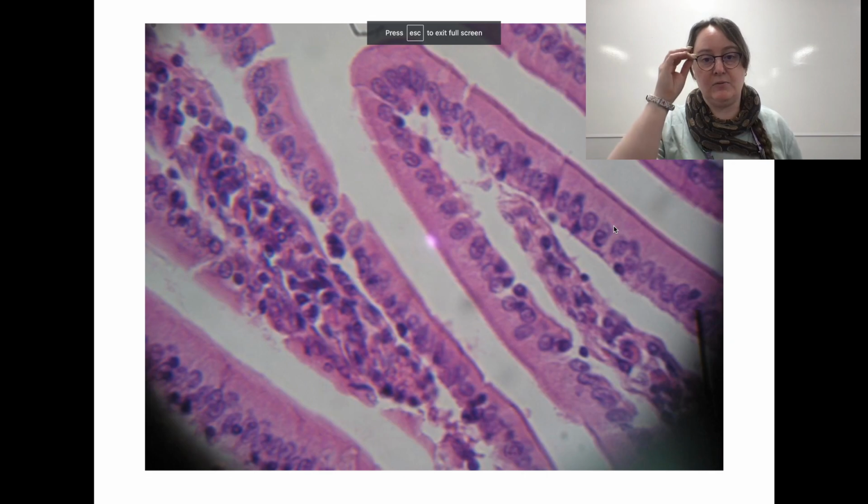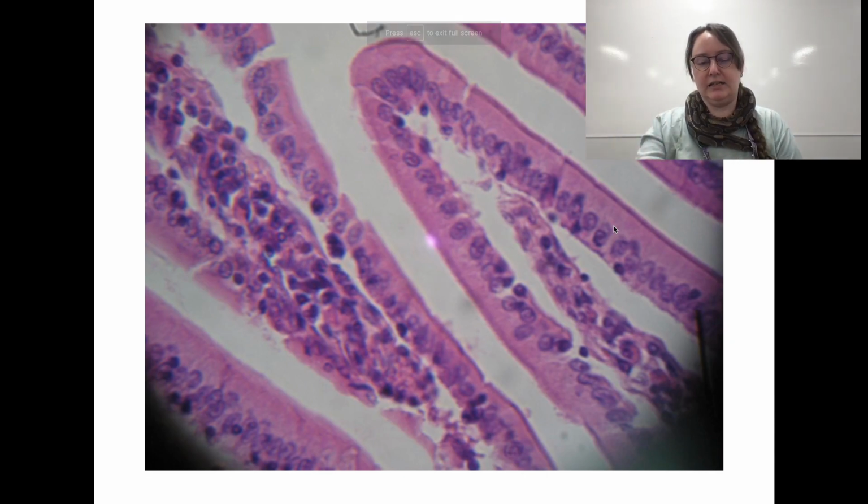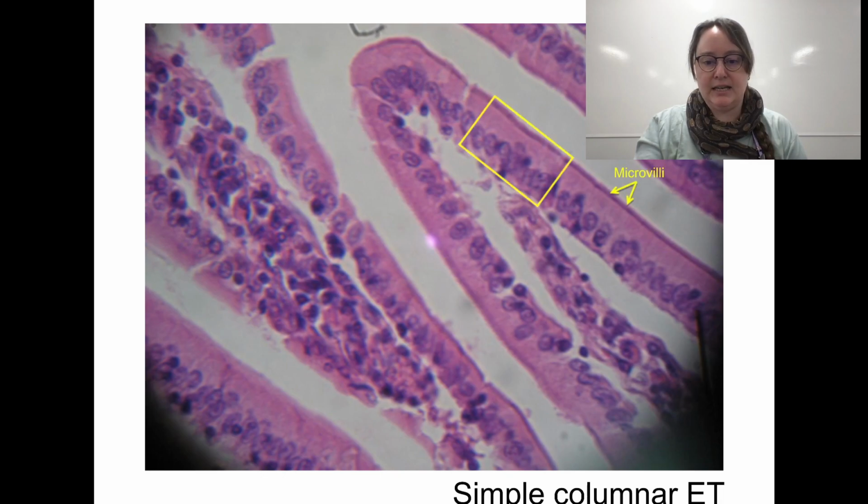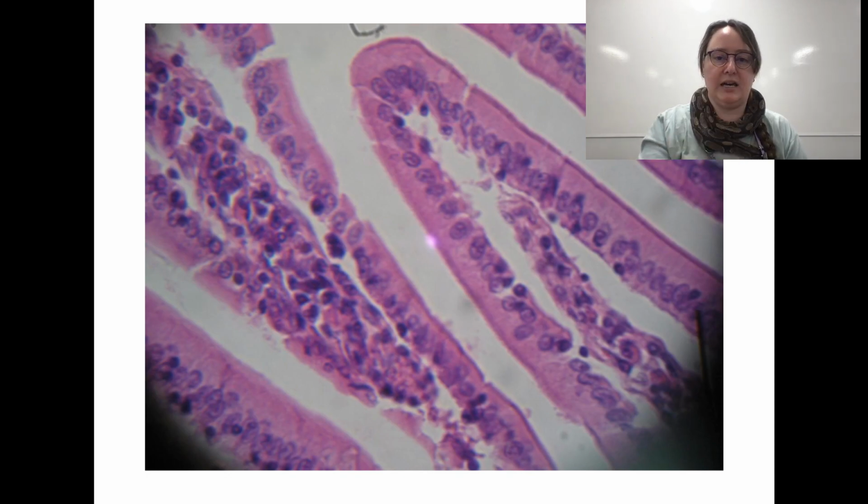So, as you can see, what we're looking at right here is some slides. We're looking at some intestines. Right here you can kind of make out the borders between these cells, and they're long and they're tall.